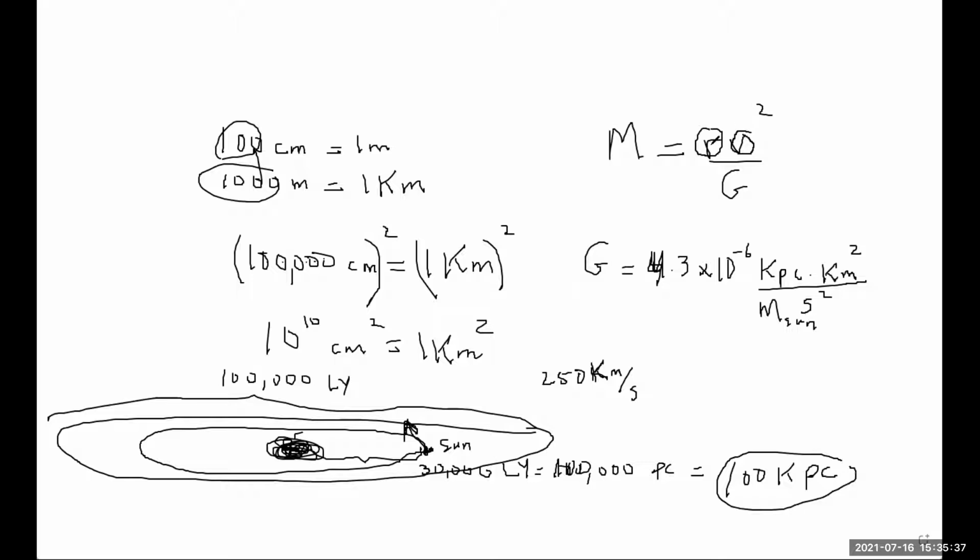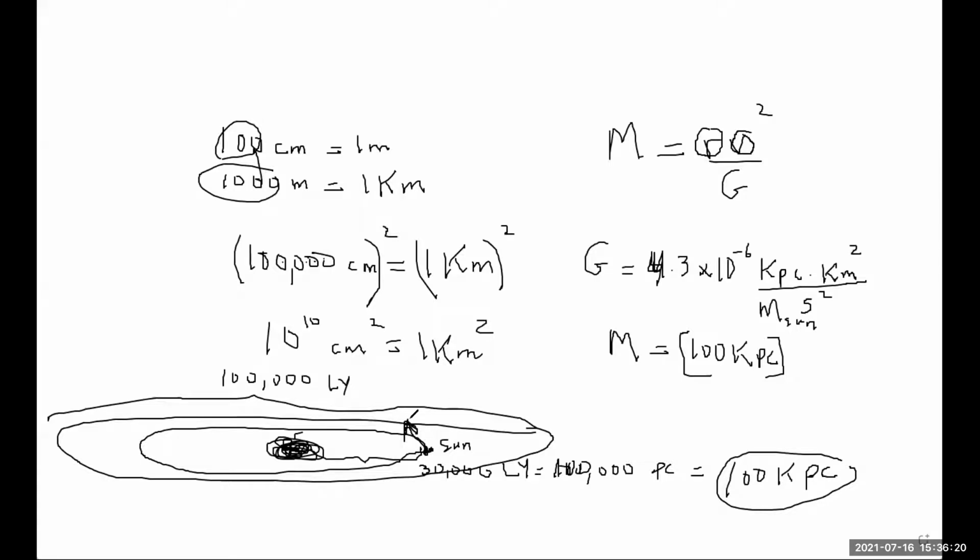So then if I put the radius is 100 kiloparsecs, that's the R. The velocity is going to be, let's say it was given to be, where did I write it? Did I erase it? I know I wrote it somewhere.